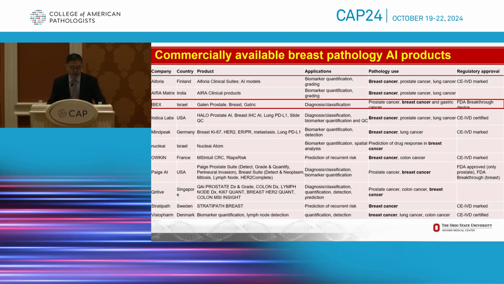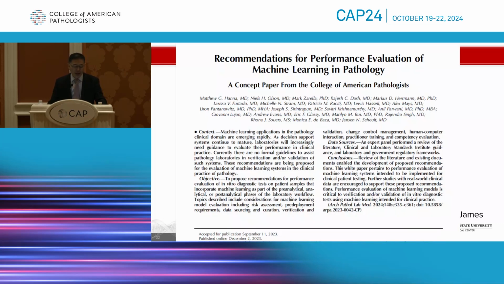This table focuses on breast pathology, since today we are going to focus on breast pathology. It summarizes the currently commercially available breast pathology AI products. I highlight the Ibex one, which is currently under FDA breakthrough device designation, and below it the Paige AI product for breast cancer lymph node metastasis, also under FDA breakthrough status.